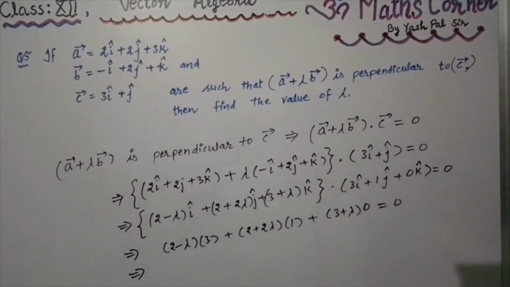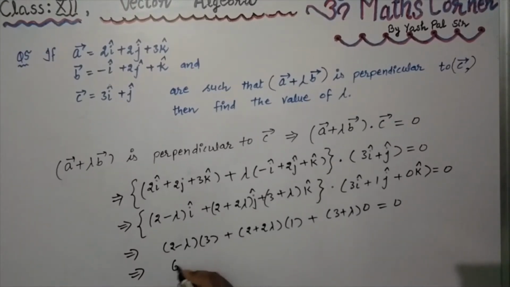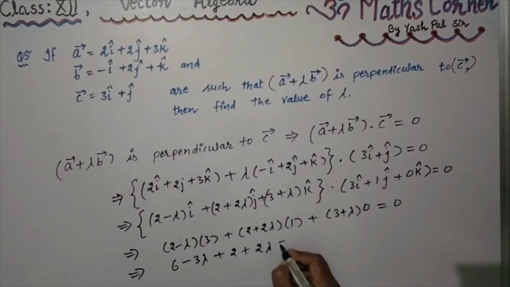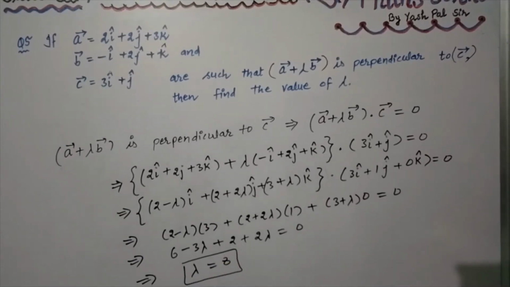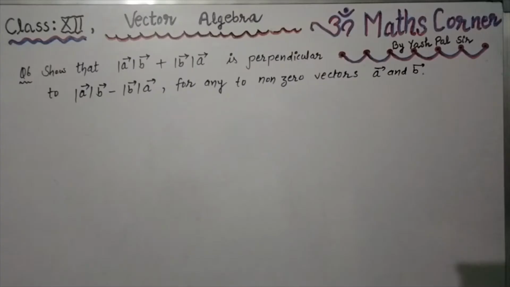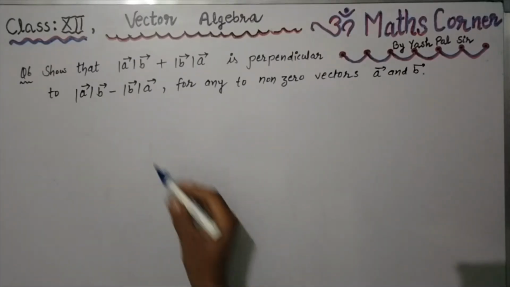Multiplying this, we have 3 into 2 is 6 minus 3 lambda plus 2 plus 2 lambda is equal to 0. So this again gives us minus 3 lambda plus 2 lambda is minus 1 lambda, is equal to minus 6 minus 2, 8. So this is the required value of lambda. Lambda is equal to 8.